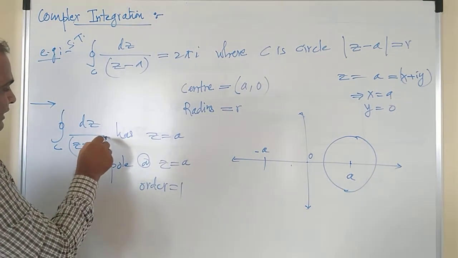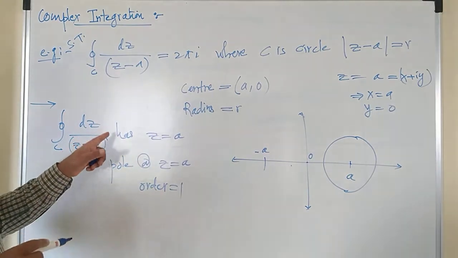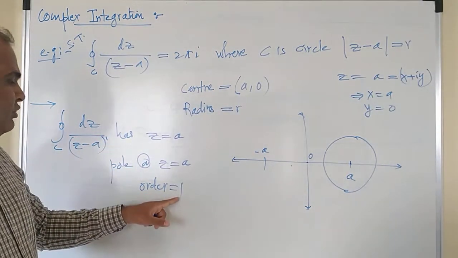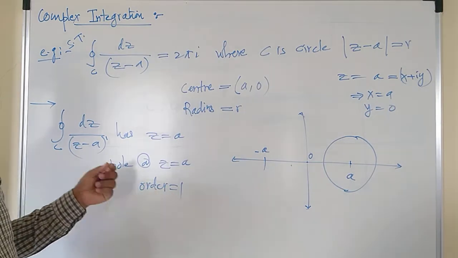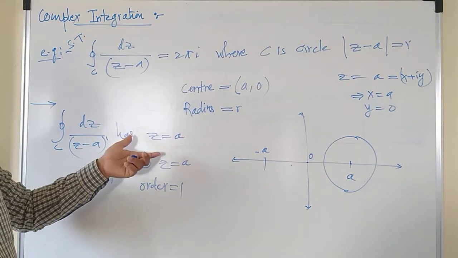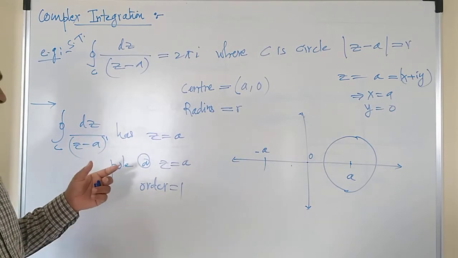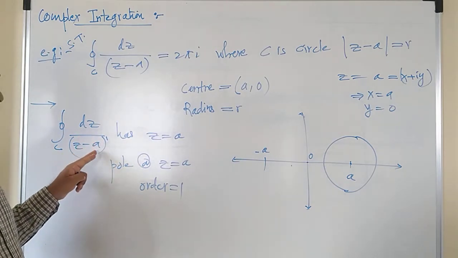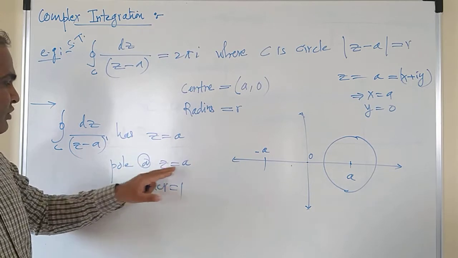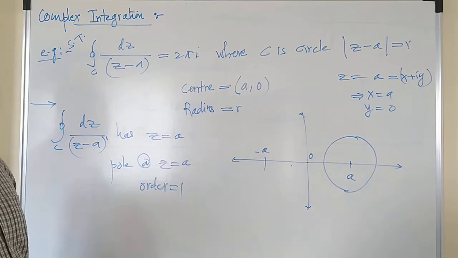Why? Because its index is equals to 1. Suppose its index is 2, then its order is 2. Pole of order, it is called as. In next some example you can understand what is order and pole of order, right? So this complex function has a pole at z is equals to a, and its order is equals to 1.